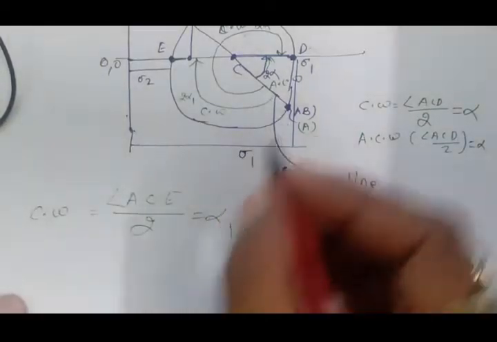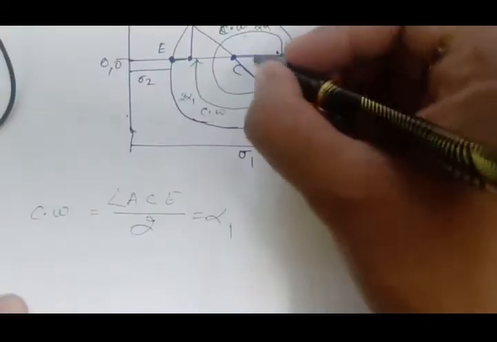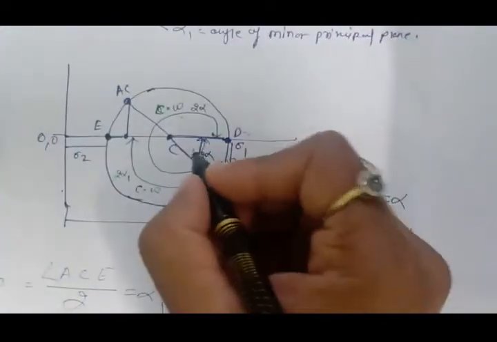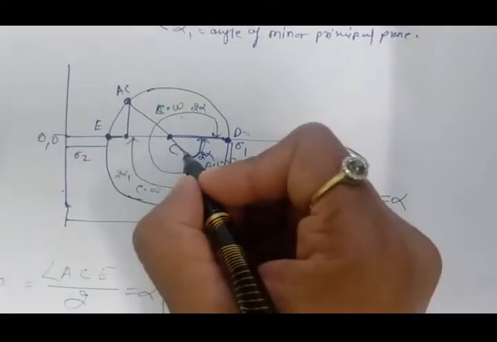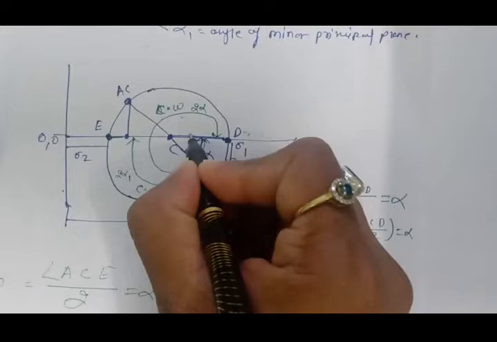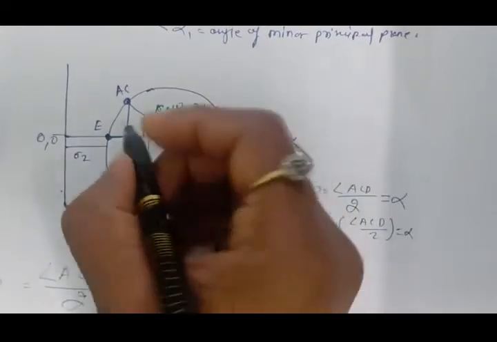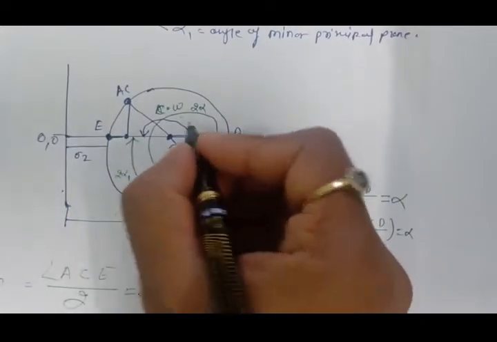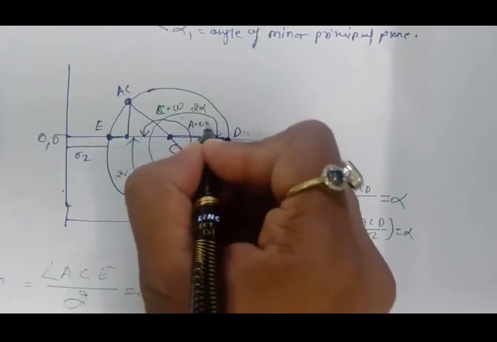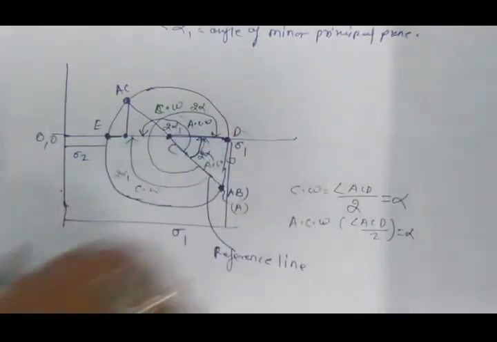Or you can also move anti-clockwise. So if you take this reference line and move from here to here anti-clockwise, this will be 2 alpha 1.